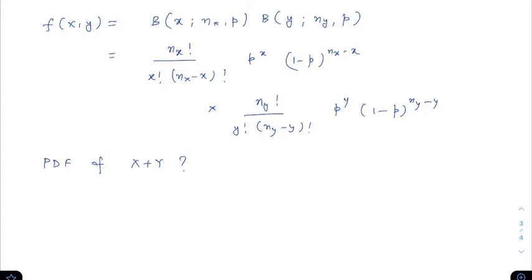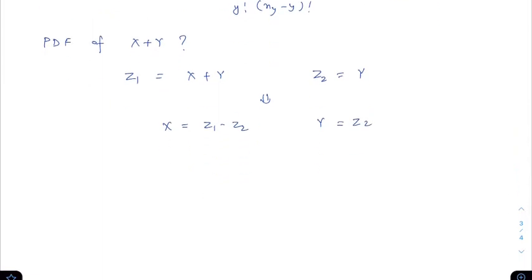So the new variables are z1, which is x plus y, and z2, which is just y. So which will imply an inverse transformation of x equal to z1 minus z2, y equals z2. And we introduce new parameters.